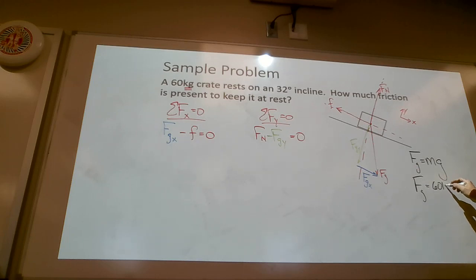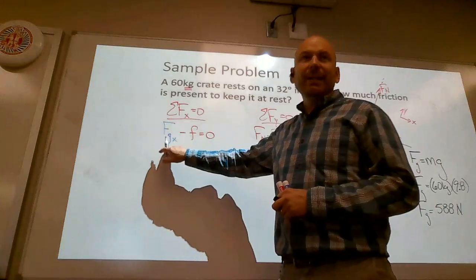So yeah, 60 kilograms times 9.8, and you get 588. Good there? We got something. It's going to take 588. Stick that into here.